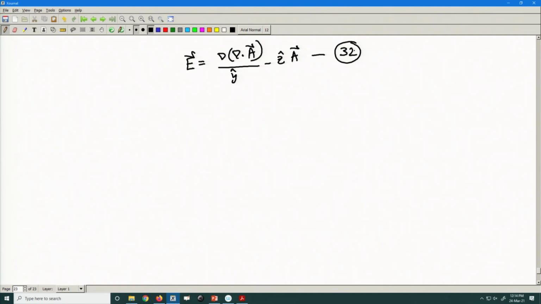So, we immediately find that the electric and magnetic field can be found out readily from A, from equation 32 for the electric field and from equation 29 for the magnetic field. That is an immediate process.